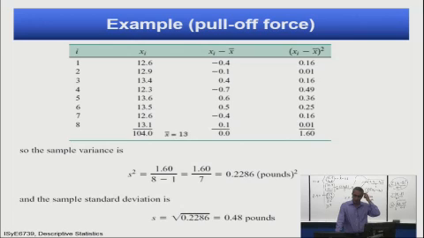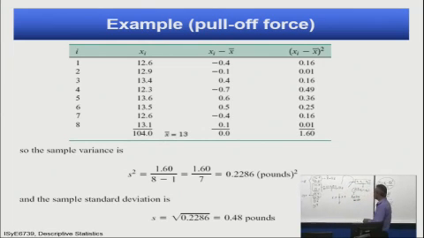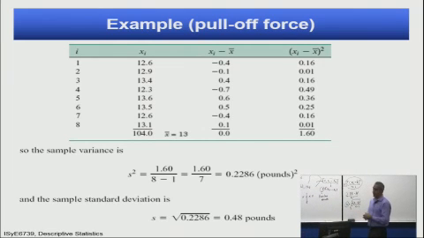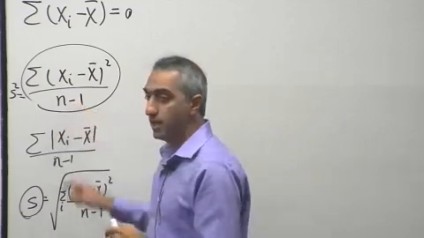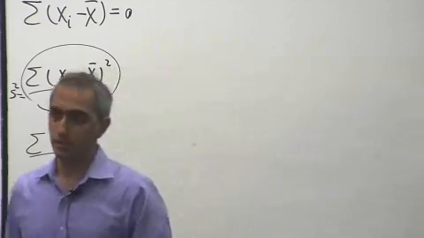So do you remember I told you there are some good properties for an estimator? If you use n minus 1, you can show that there is a very good property for that estimator for estimating the population variance, which is called an unbiased estimator. But if you replace n minus 1 with n, then you don't have this property.